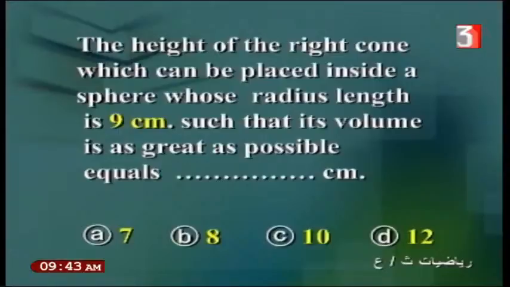Now we have a right cone placed inside a sphere. The radius length of the sphere is 9 cm, the radius length of the base of the cone is r, and the height of the cone is 9 plus y.